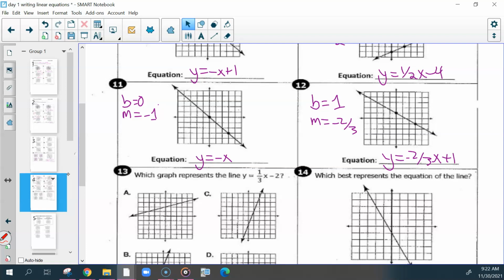Questions on those 2? Okay. So how do we feel about finding the equation of the line from graphs? Give me a thumbs up if good.